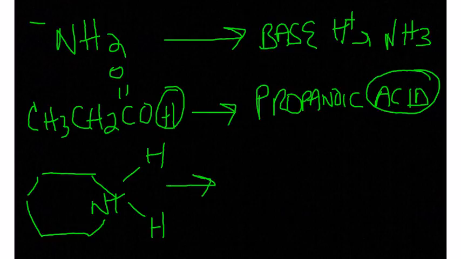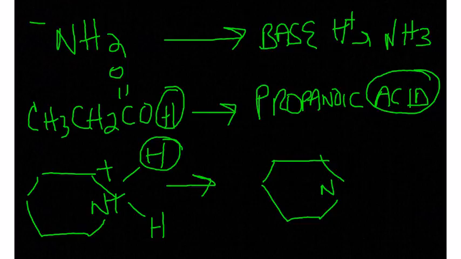I won't bother drawing the name out, but this is going to be a base. And I'm missing a plus charge here. So it's actually, my correction, it's going to be an acid because it's donated a proton to become a cyclohexylamine.